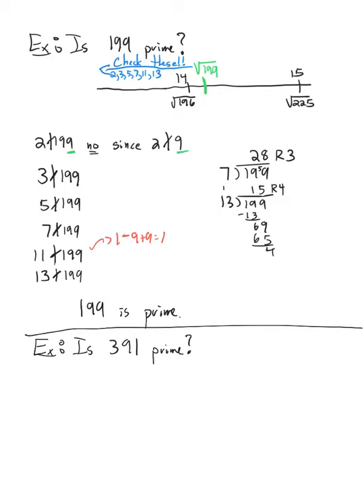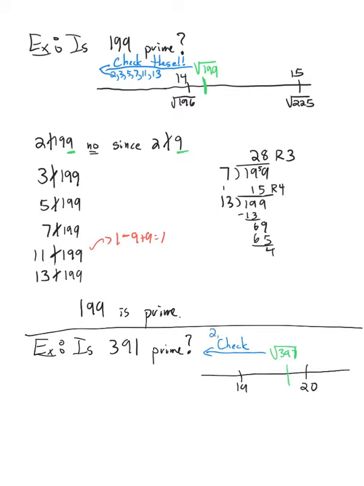Okay, now that you're back, you will find that the square root of 391 lives somewhere between 19 and 20. So you need to check all of the primes less than that.